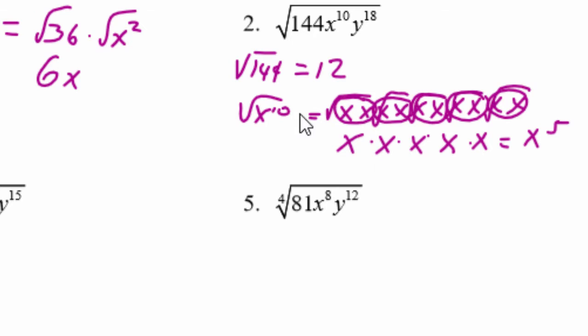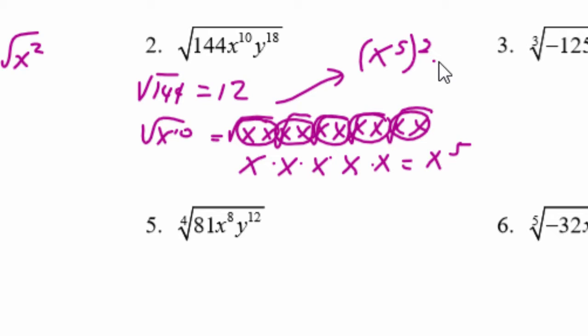So the square root of x to the 10th is x to the 5th. Now, do you remember that when we square a power like this, we multiply exponents? So just to check our answers, x to the 5th squared would give us x to the 10th. So again, the square root of x to the 10th is x to the 5th.